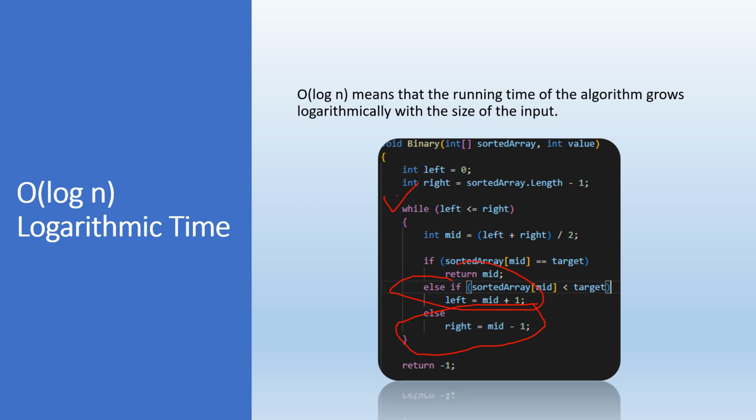It is possible that it can be done in constant time, for example if the mid element is the element we are trying to find, then in the very first loop it will find and return it. That is possible, but at maximum it goes up to O of log n. So this is logarithmic time.